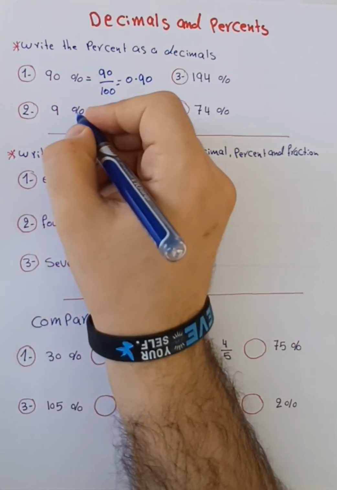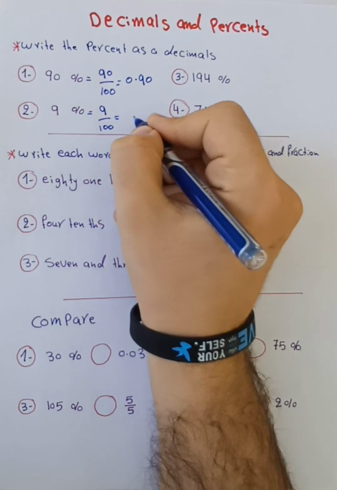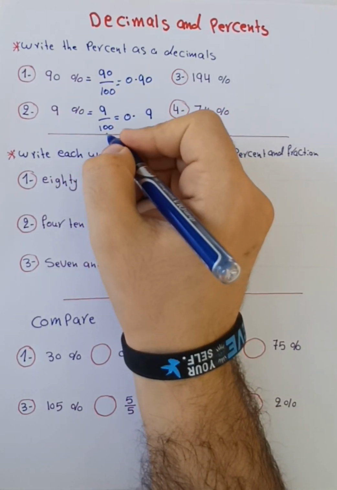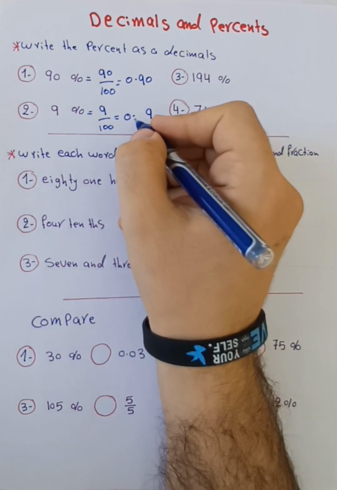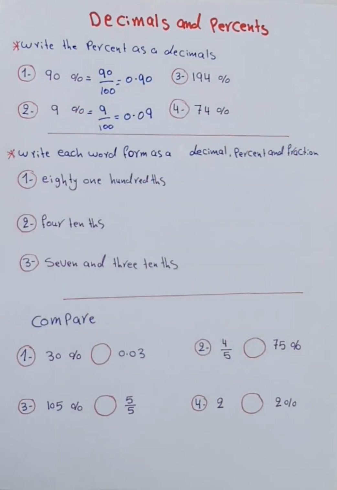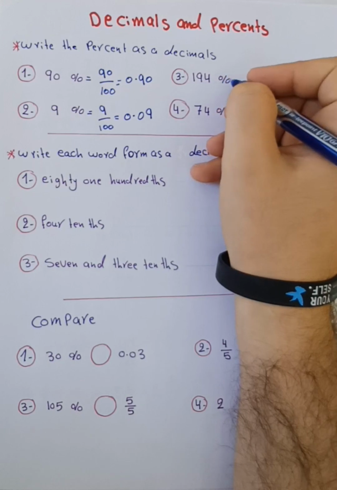Example number 2, you have 9%. So 9 divided by 100 equals 0.09, because we have 100, so we should have two numbers after this point. We have to write 0. Number 3, we have 194%.